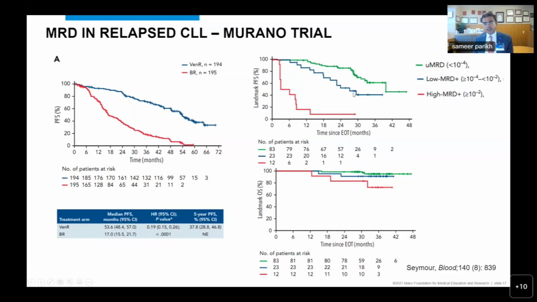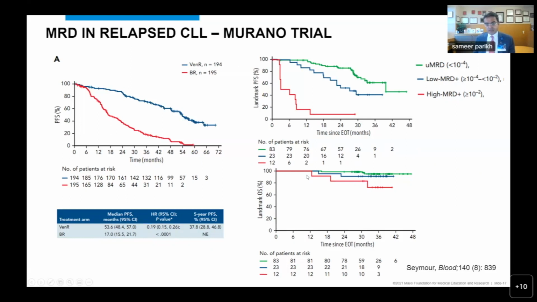Those in blue had an intermediate MRD status, here defined as low MRD, which is greater than 10 to the power minus 4 but less than 10 to the power minus 2, suggesting that this really is a continuum with respect to how patients do after end of fixed duration therapy, at least in the context of relapsed CLL.